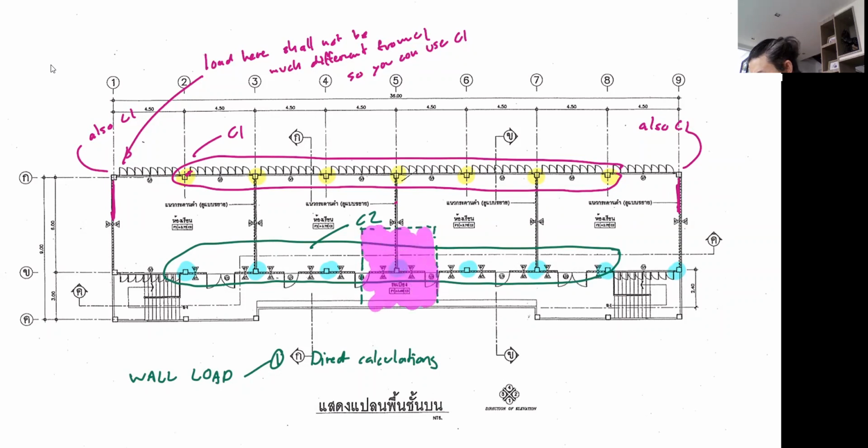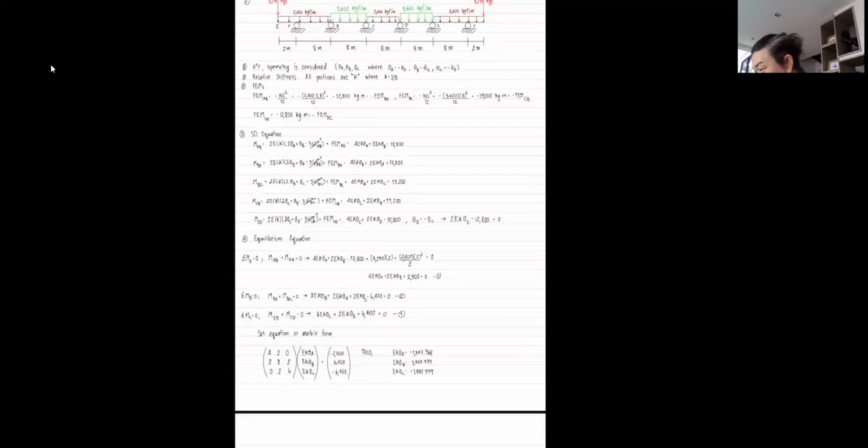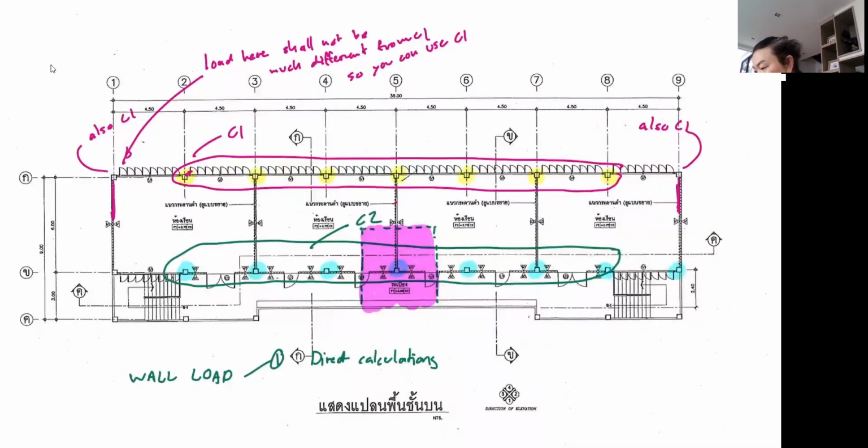So when that becomes the tributary area, you may account for the wall right away that, okay, the wall in this area is just this long, that long, and then that. So you calculate the wall directly and then add it to the load of the column. See, account for walls in tributary area.